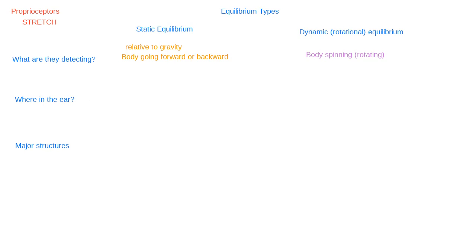Yeah, the forward and backward places in the ear are called the saccule and the utricle. These were the two really big fluid-filled areas right next door to the cochlea, the saccule and the utricle. They're going to help us knowing forward versus backwards.